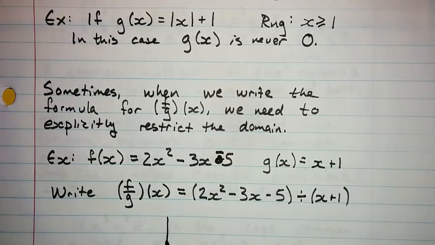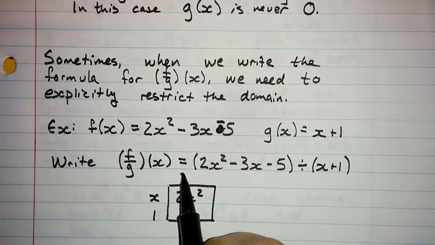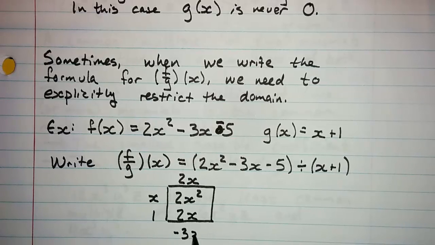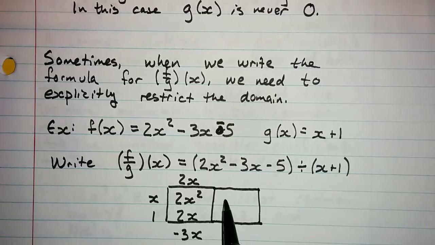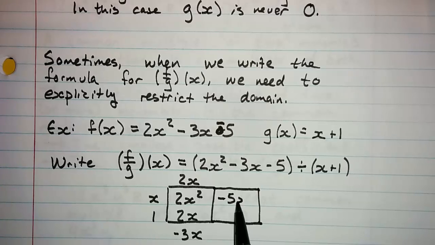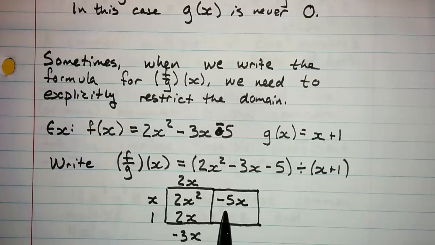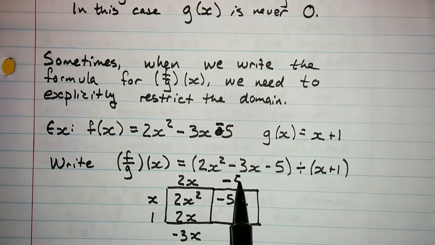Let's do that division. X goes into 2x squared, 2x times. 2x times 1 is 2x. We need the total to be negative 3x. So that means we'll need negative 5x. X times what is negative 5x? X times negative 5.